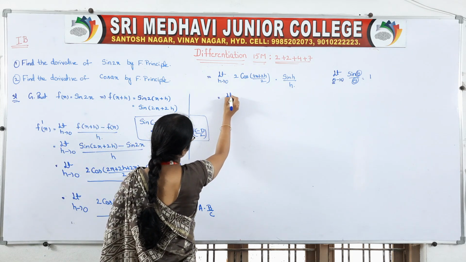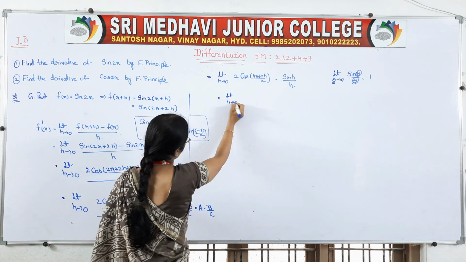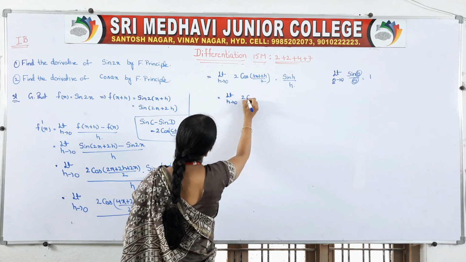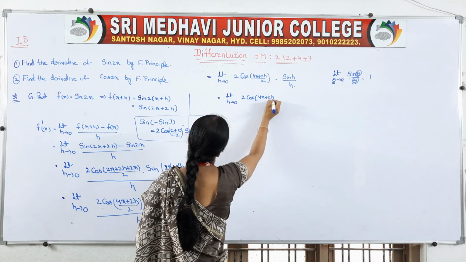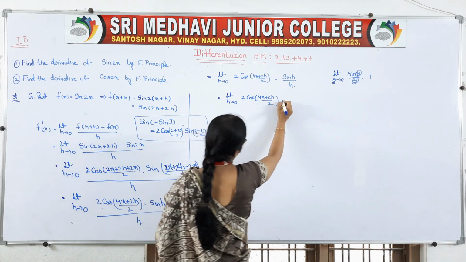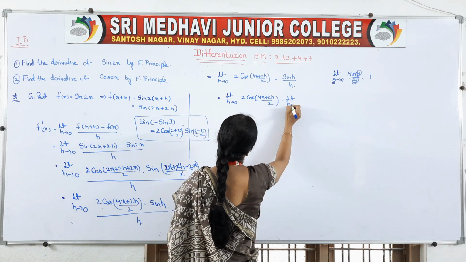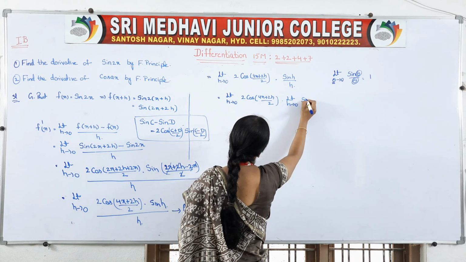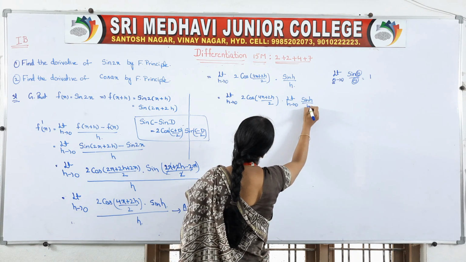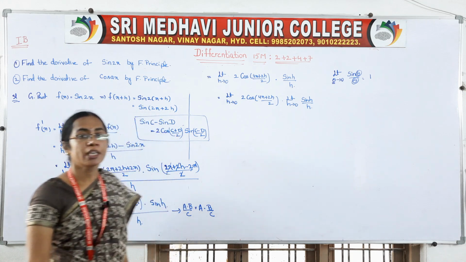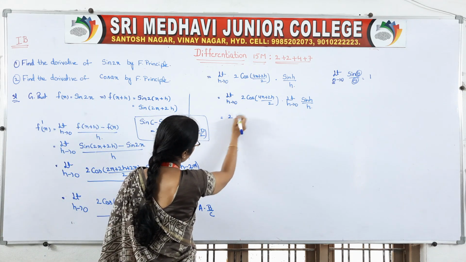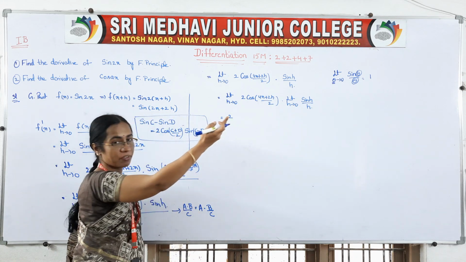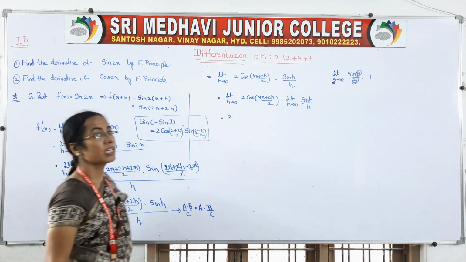So it is limit h tends to 0 of 2 cos of (4x plus 2h) by 2, into limit h tends to 0 of sin h by h. You take 2 outside, and no further simplification is possible, so apply your limit.